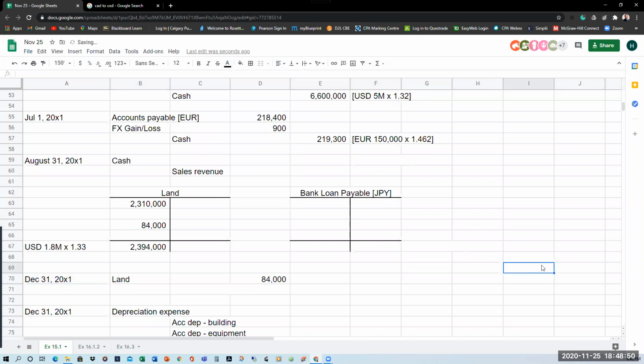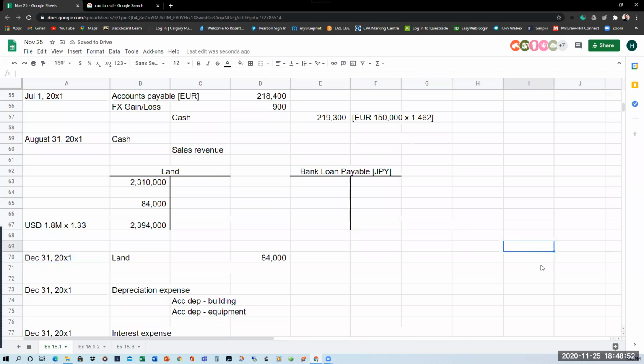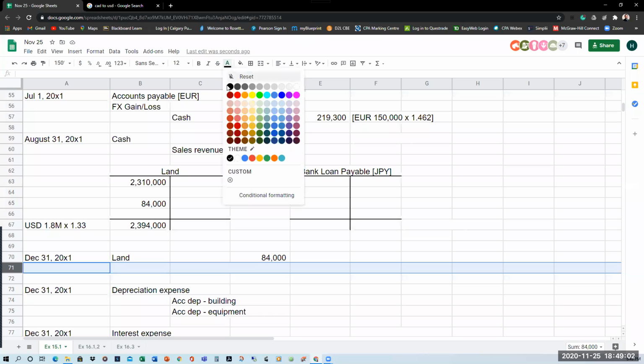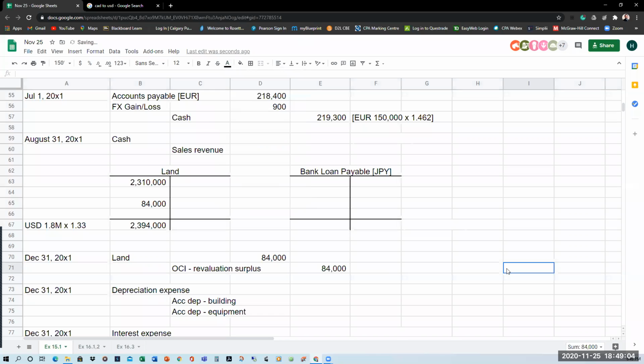And if you guys remember your revaluation model, if the companies use the revaluation model, then any increase in the asset value is reported through other comprehensive income, right? So you will credit other comprehensive income, the revaluation surplus.